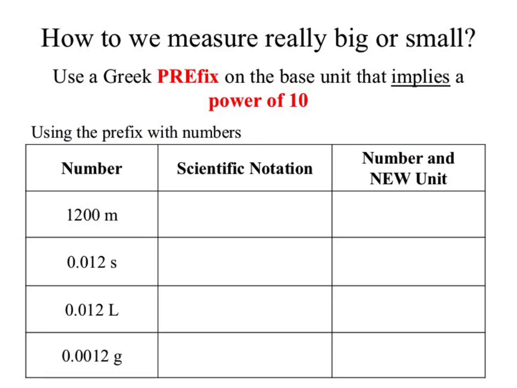So, now we can put it all together. If I take a look at scientific notation for that first number, my scientific notation becomes 1.2 times 10 to the 1, 2, 3 places. That number is larger than 1, so it's a positive 3. And this was meters. What is my new number and new unit? 1.2.